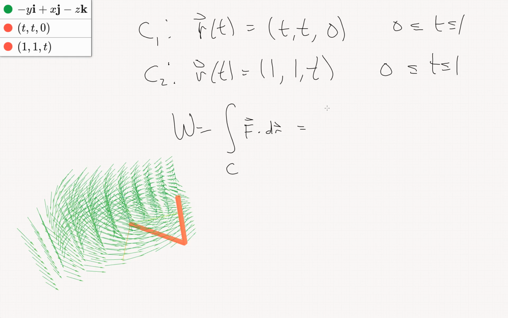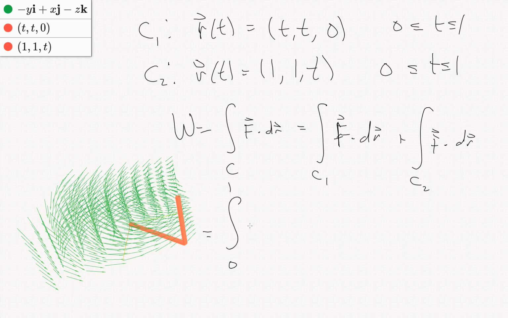So that's the integral over C1 of F dot dr. First we'll break it up into these two parameterizations. Then this is the integral from 0 to 1.